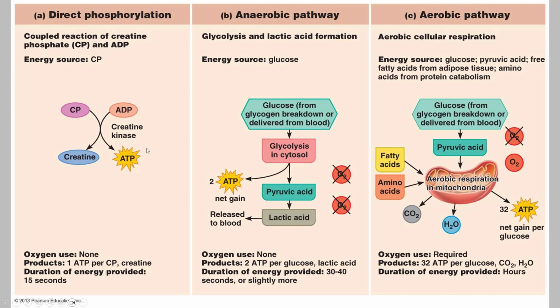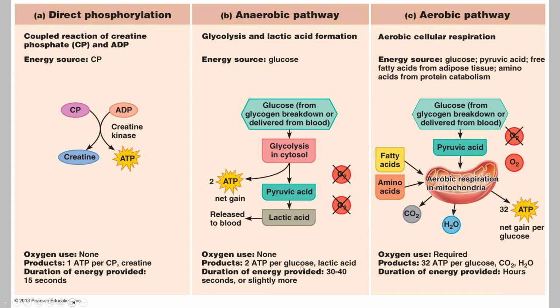If we need more energy, we can go through that glycolysis bit of cellular respiration. Again, it does not require oxygen. We're using glucose. And from that, remember this first step of cellular respiration, we got 2 molecules of ATP per glucose.